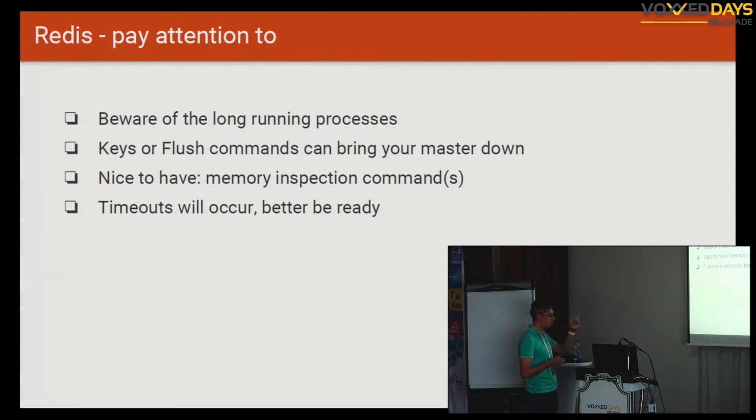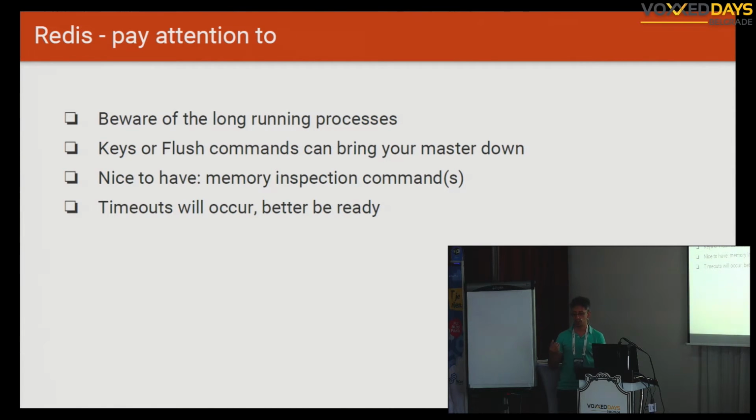Even some commands that are in the Redis API, something like keys, which goes into the server and gets all the keys that are inside there and sends them to the client, or flush, which just removes all the keys from the server, will affect your performance, and it will bring your master down.